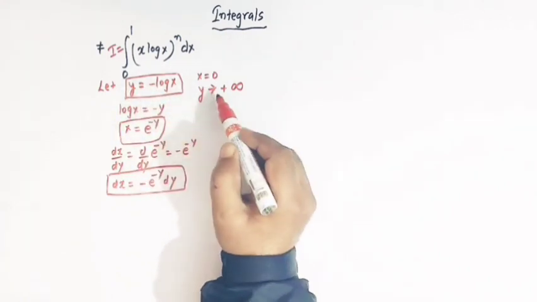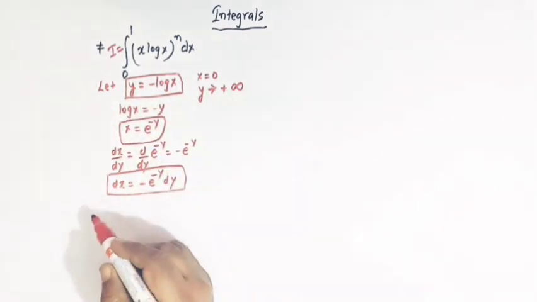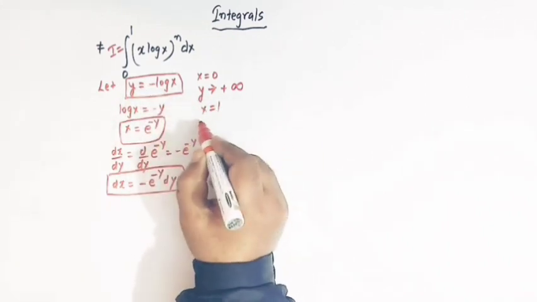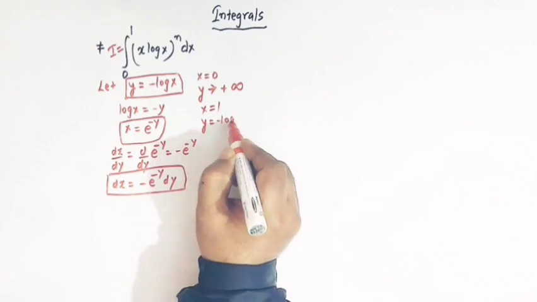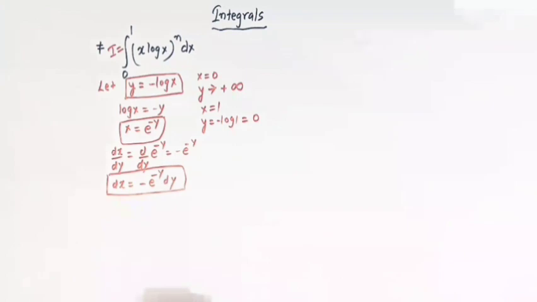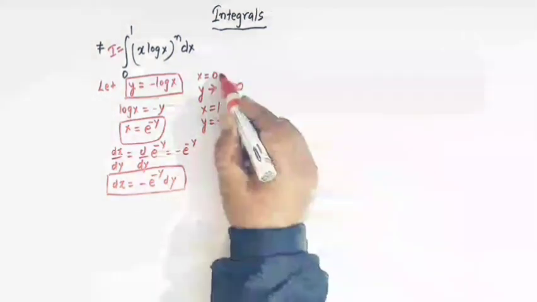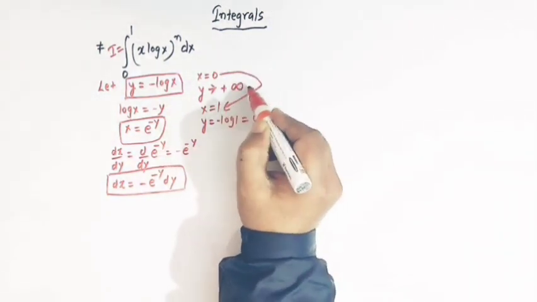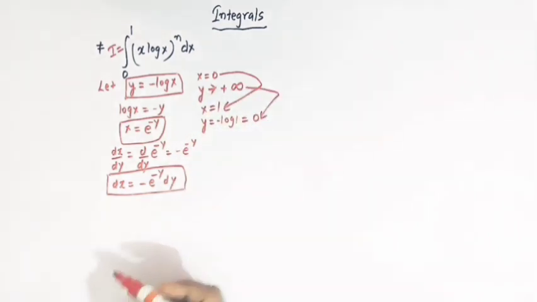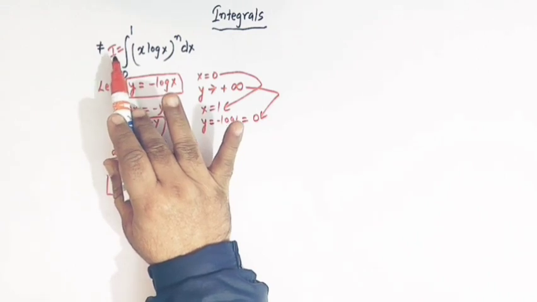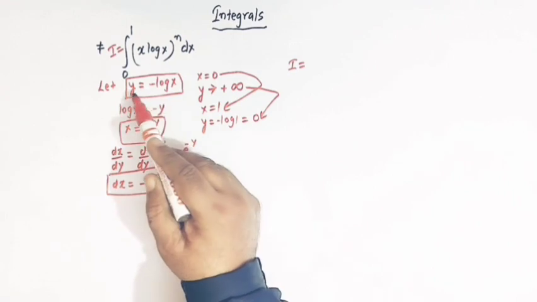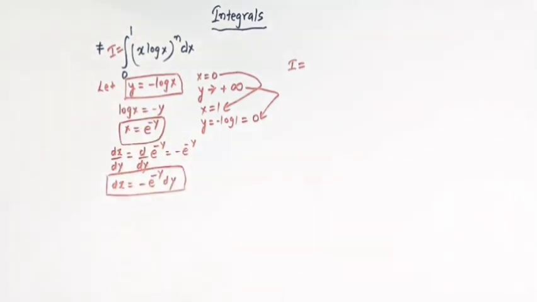Similarly, when x is 1, y is equal to minus log of 1, which is equal to 0, because log of 1 is 0. So when x goes from 0 to 1, y goes from infinity to 0. Now we can rewrite this integral I in terms of the new variable y.